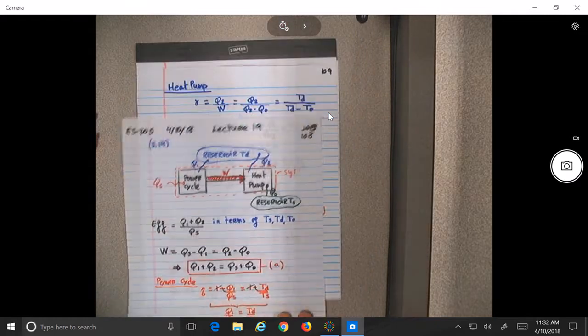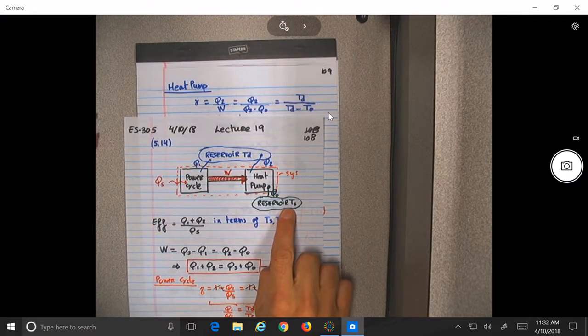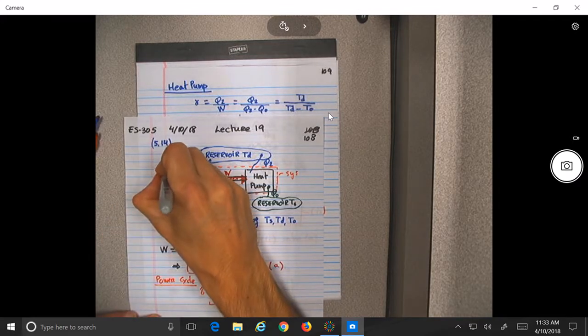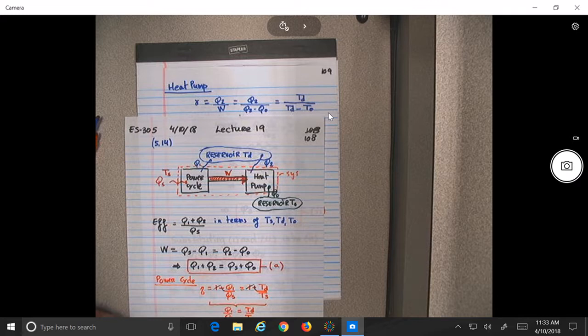TS is the one from this reservoir over here. Oh no, this is TS is this one. You're right, TS is not a, is the one of the hot. So it wasn't on the figure. Yeah, you're correct, you see? Okay.